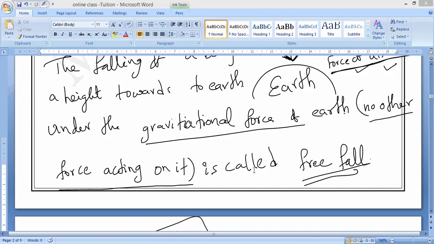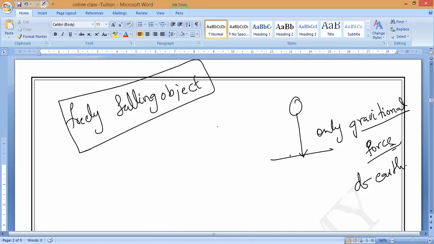So, from that, Galileo concluded that the acceleration of an object falling freely towards the earth does not depend on the mass of the object. Please write, everybody. This point is very important. So in the case of free fall, objects are not depending on the mass of the body.